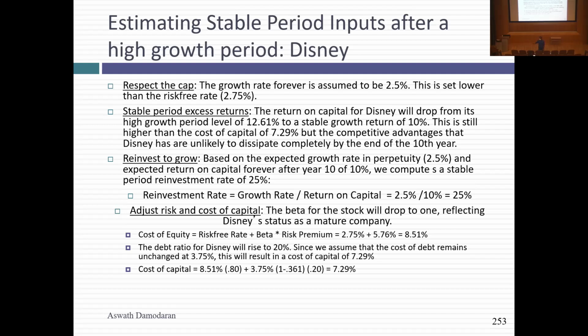If you're using 2%, 3%, you build a valuation that's built to blow up. So if you want a 2.75% growth rate, or 2.5% growth rate as I do, you basically have to reinvest enough to get that growth rate. So how do I know how much to reinvest? This is where my return on capital calculation comes in. Because I'm earning a 10% return on capital, I will have to reinvest 25%.